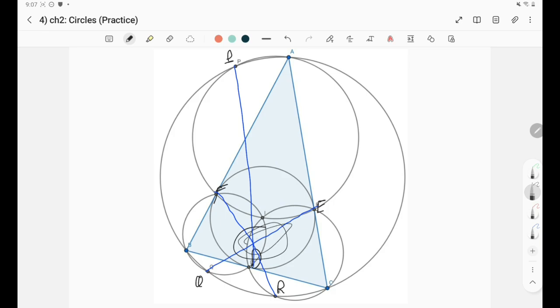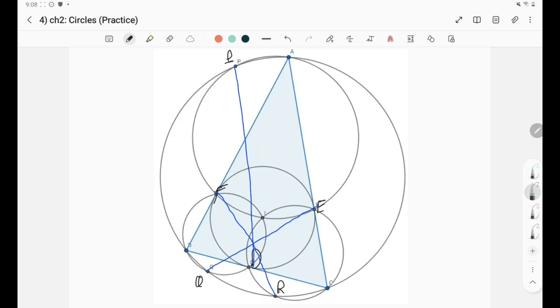Maybe it's some famous point, just like here we found that I is the incenter. And if we can't find it, then we just need to show that this point lies on the line PD, for example, and that will be it. Okay, this is one strategy.